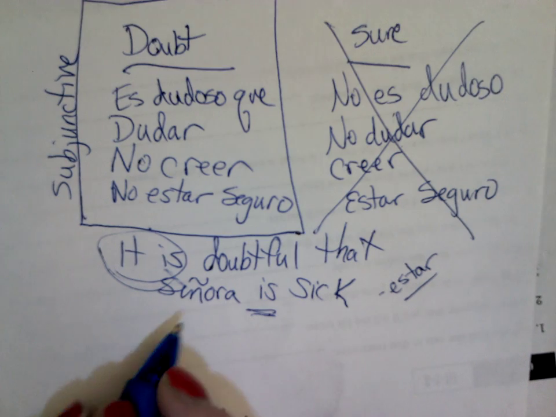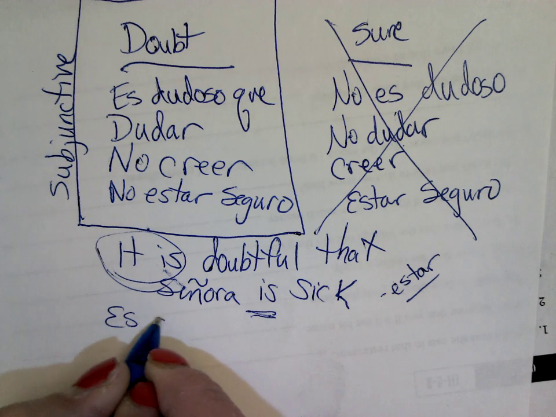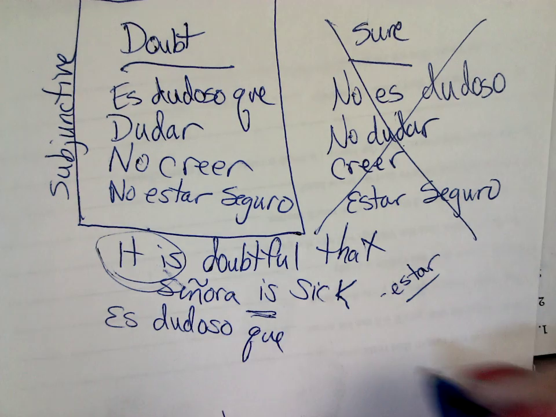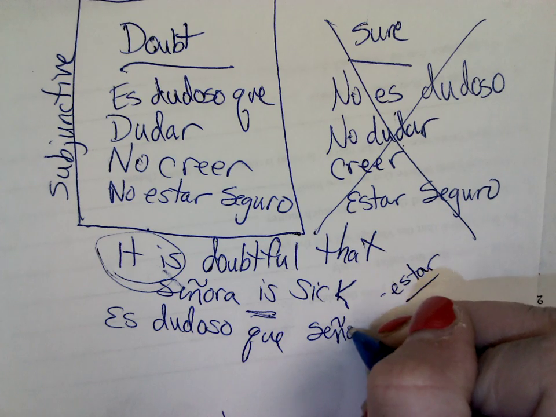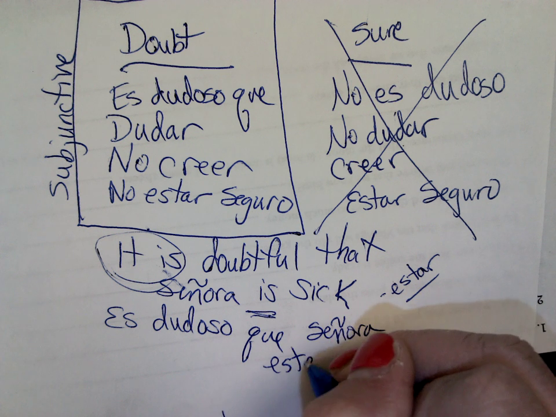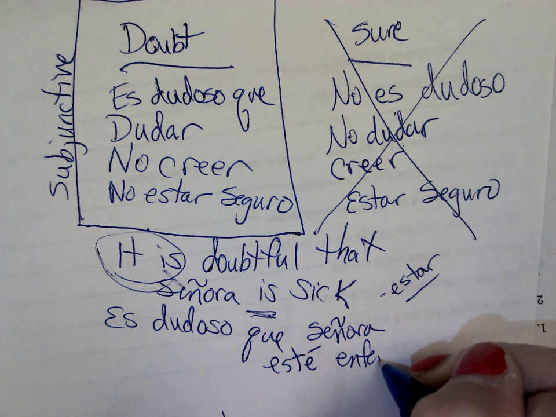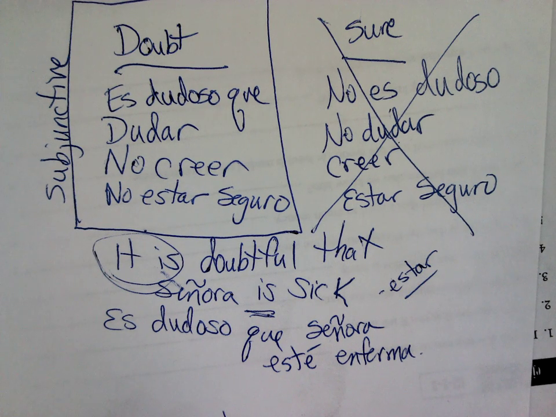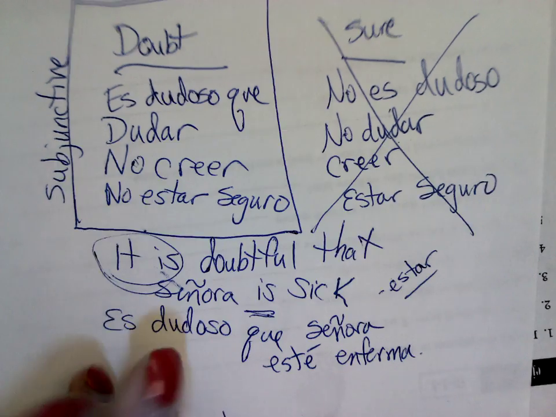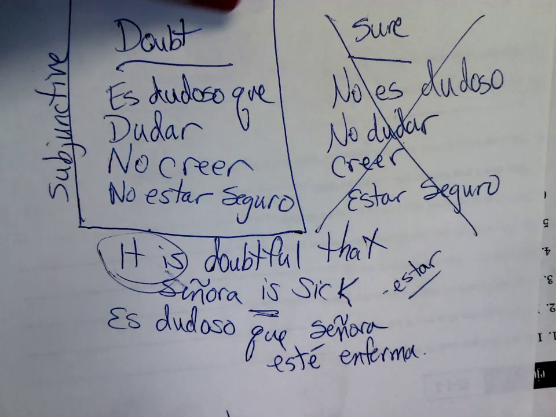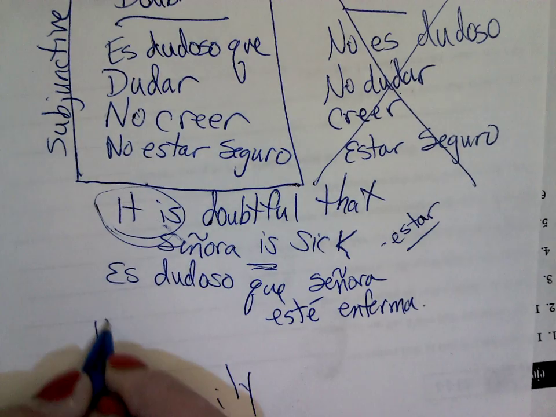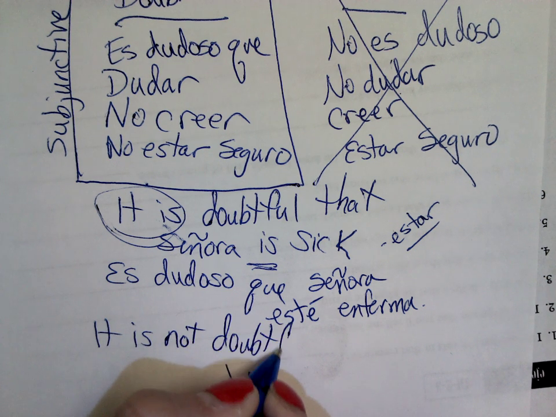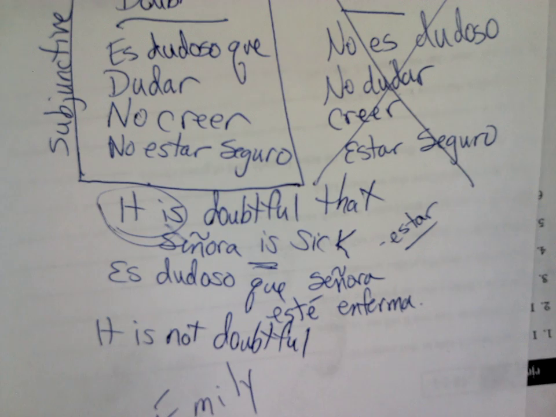So it is doubtful that Senora is sick is es dudoso que Senora esté, with an accent, enferma. Now let's switch that around and say it is not doubtful, which is kind of a strange sentence by itself. But just to give you an idea, it is not doubtful that Senora is sick.